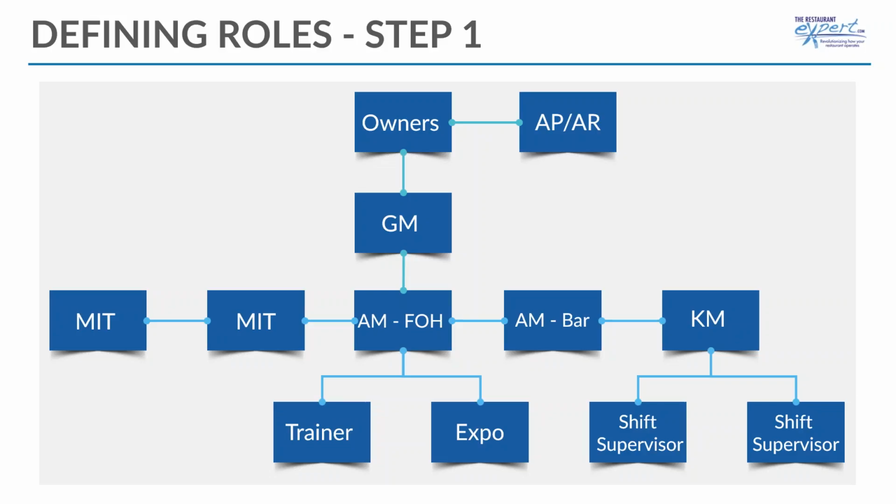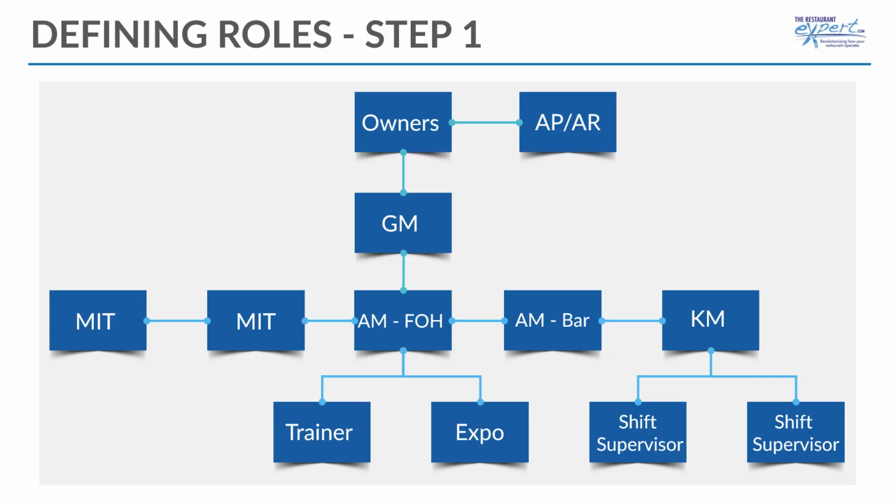I'm going to show you two restaurants. Let's say this is a small restaurant, has an owner, and then somebody's going to do accounts payable and accounts receivable. Somebody's going to handle the QuickBooks. There's a general manager, then two MITs, which are managers in training in our world. That might be a supervisor in your world, an hourly manager. I don't care what level, they're going to cover shifts on the floor.